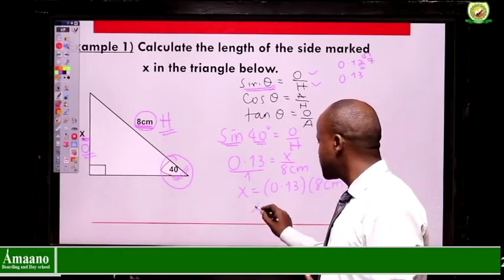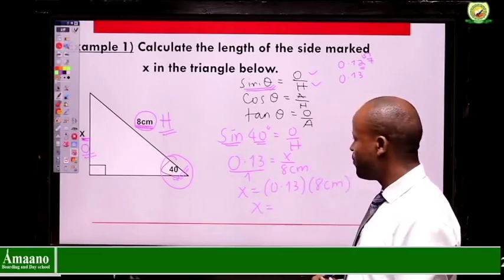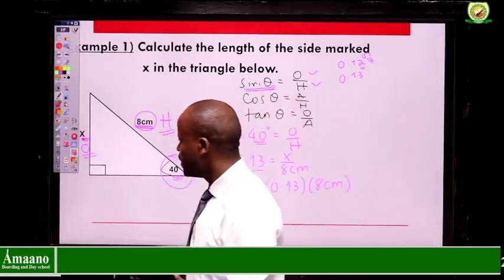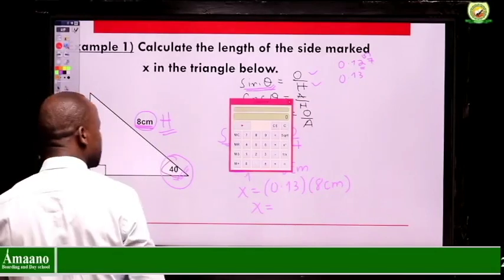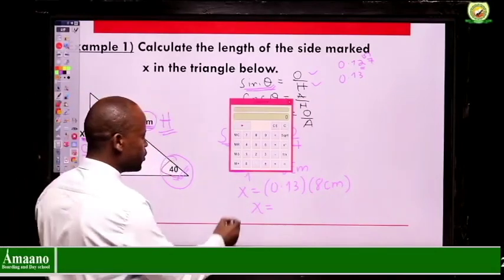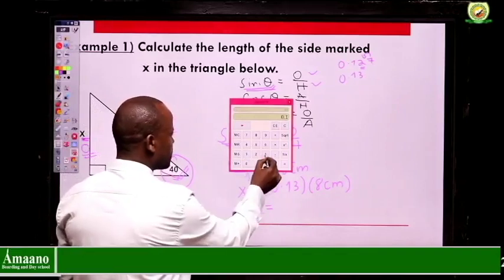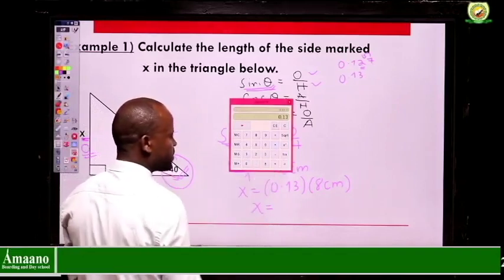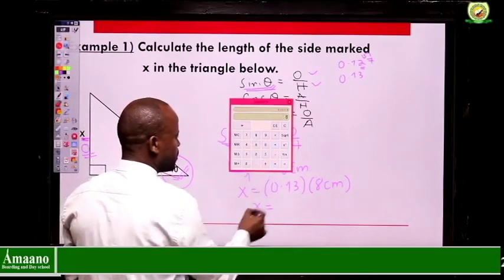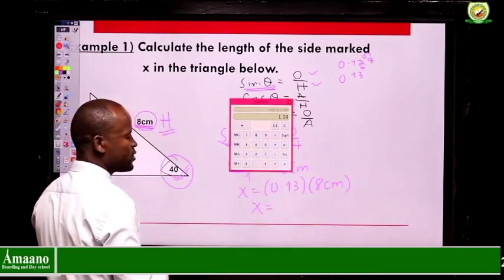You can use your calculator, as I said, and multiply these two: 0.13 times 8 is 1.04.